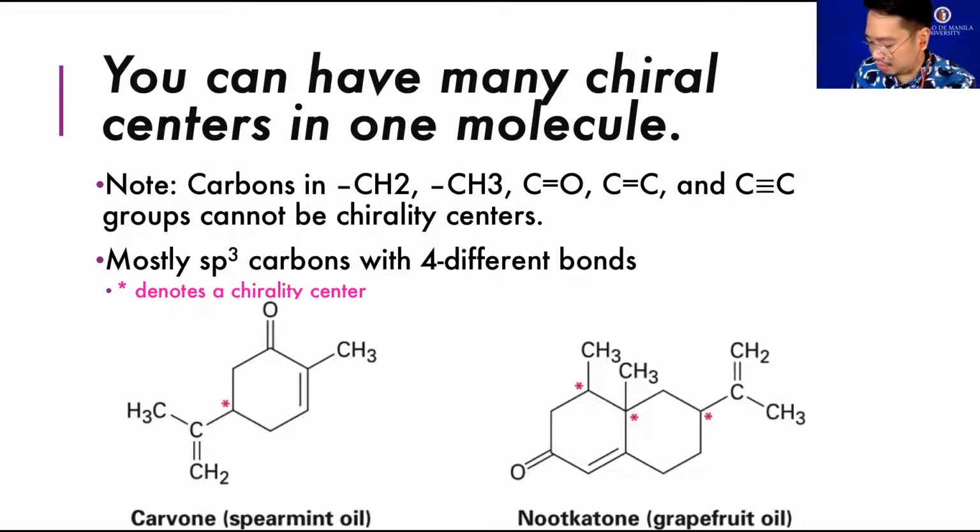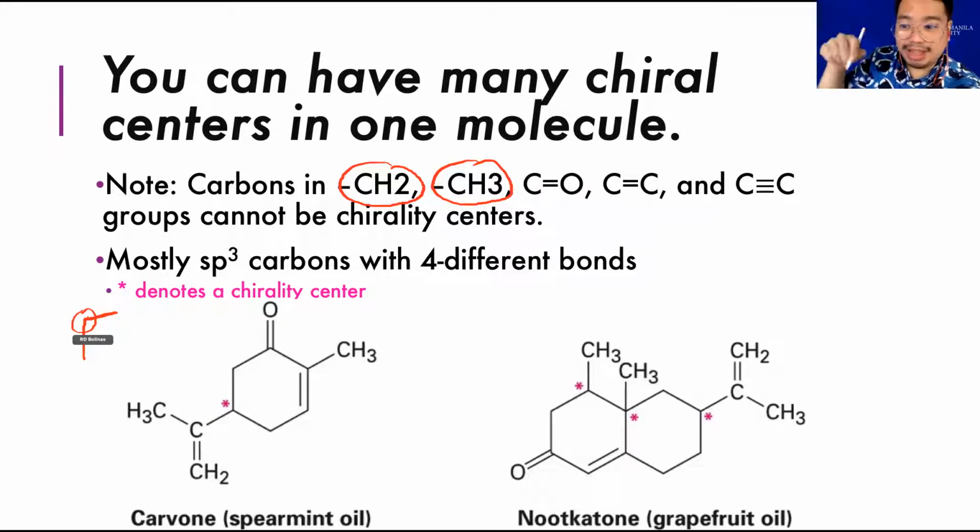So how do we do that? These are some of the things I like to do. I like to do a process of elimination, even just mentally. Note that all carbons that are CH2 and CH3 are automatically disqualified. How do we know if it's a CH2? CH2s are the corners. Any corner, we know it has two hydrogens, so it's CH2.